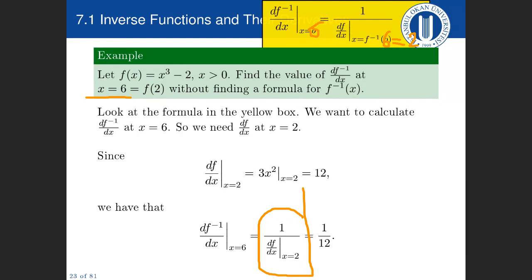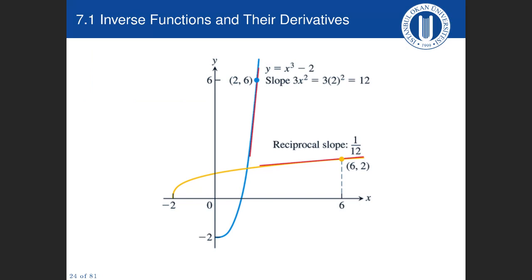That's 1 divided by 12. And I'll show you the graphs of these functions. The blue curve is y is equal to x cubed minus 2, the function we started with. When x is equal to 2, the slope is equal to 12. The yellow curve is our inverse function, and the slope of the inverse function at x equal to 6 is then 1 divided by 12.